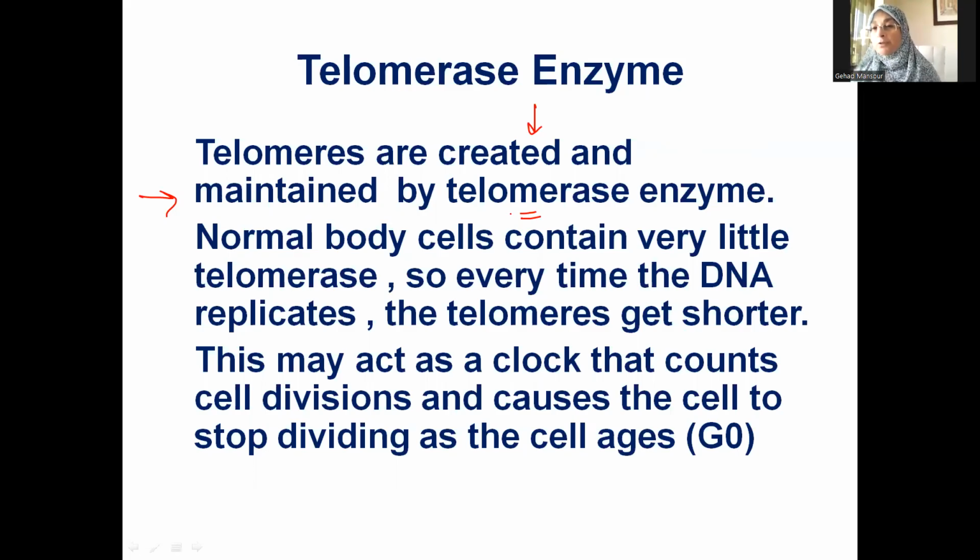So this process of losing the ends of the chromosomes or the telomeres is not done without trials from the part of the cell to replace them. So the telomerase enzyme does two important functions to lengthen the age of the cell. The first one is to build up the telomere, and the second one is to try to maintain it.